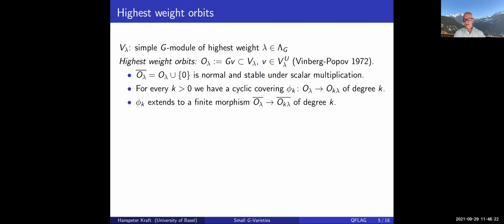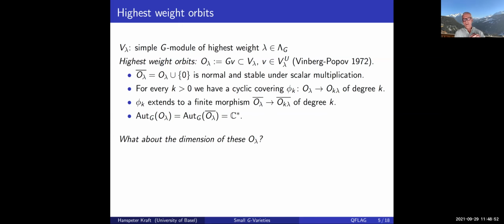This cyclic covering extends to the closure, and defines a finite morphism of degree k. Moreover, the automorphism group, the G-equivariant automorphisms, are only the scalar multiplication. Now, this is true for O lambda and for its closure.